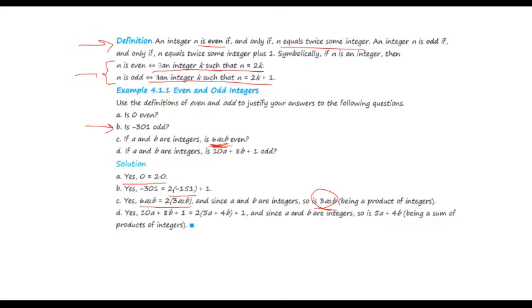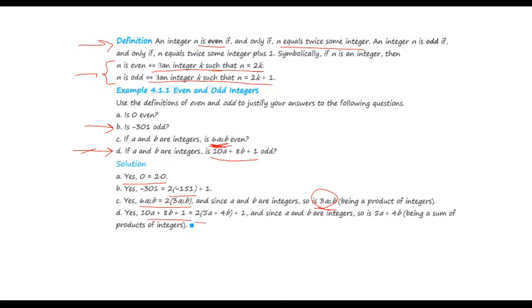And in the last part, part D, we have if a and b are integers, is 10a plus 8b plus 1 odd or not? The answer is yes, because we can write 10a plus 8b plus 1 in the form of 2k plus 1.